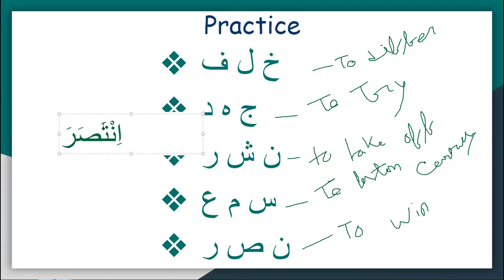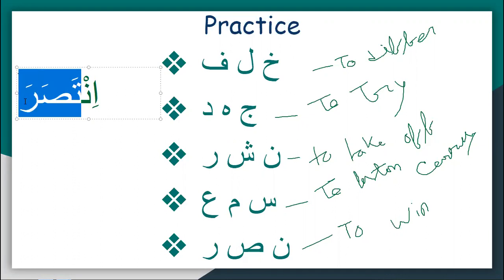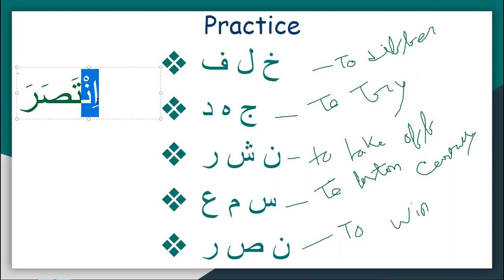Now you see in the beginning, which was family number 7, right? Inkasara. So you might think in is the added part, and tasara is the root, right? So it's confusing, I know, but remember this.